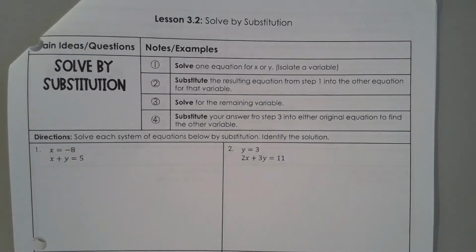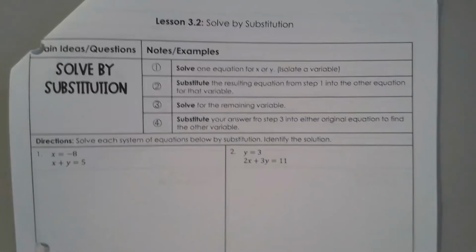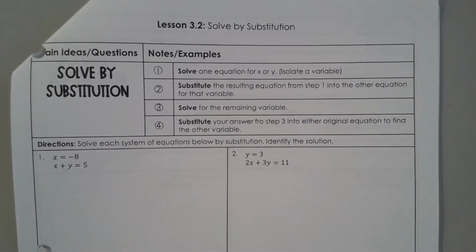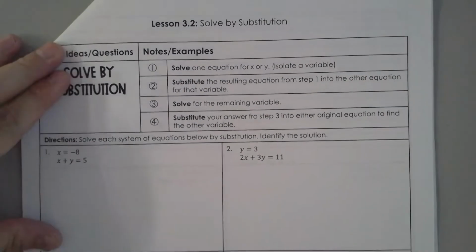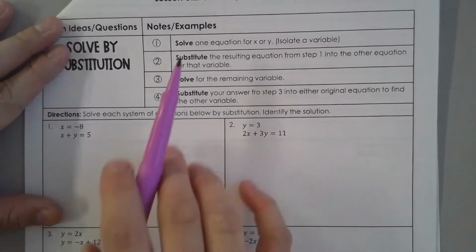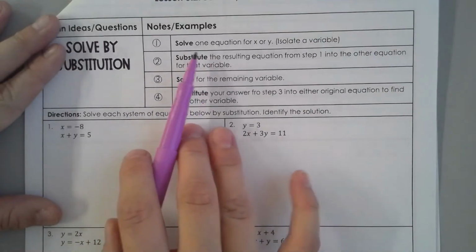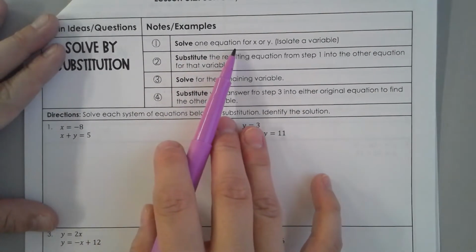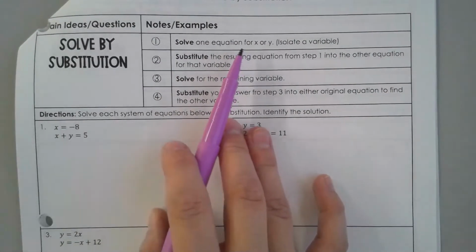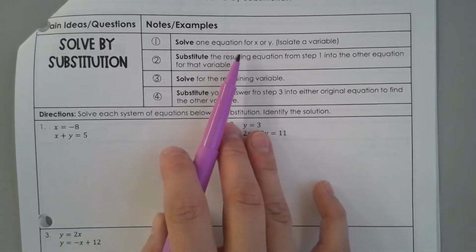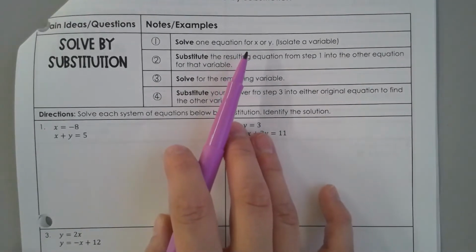If I say that x equals 5, that means that you can replace any x that you want with 5. Or if I say x equals 2y, you could replace any y. So you have to first make sure that one equation is x equals or y equals. A lot of times if I tell you to do substitution, it will be that way.